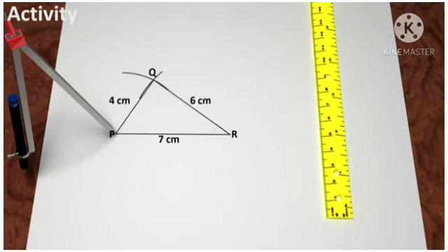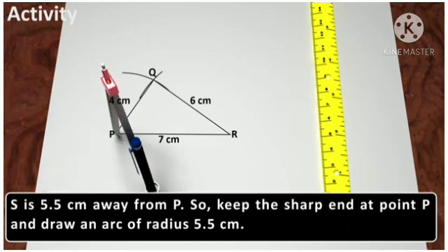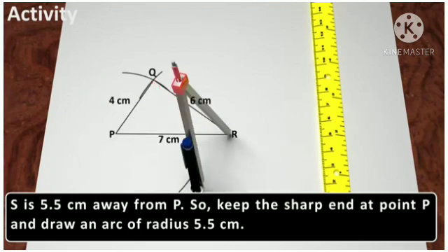Now we have to locate the fourth point S. This S would be on the side opposite to Q with reference to PR. For that, we have two measurements. S is 5.5 cm away from P. So, keep the sharp end at point P and draw an arc of radius 5.5 cm.